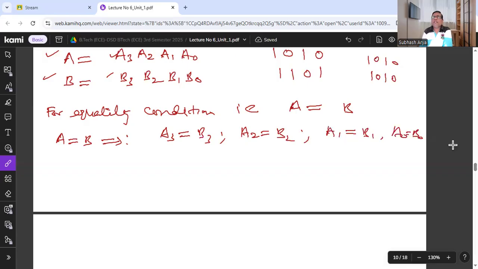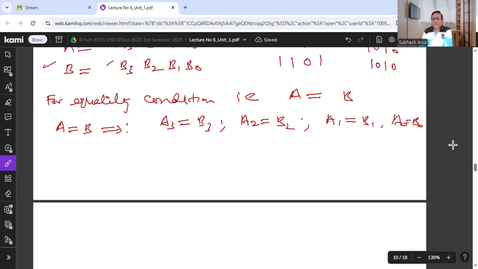we compare like that. If any most significant bit is greater than the other, then whichever is greater, we conclude it is greater irrespective of the other bits.